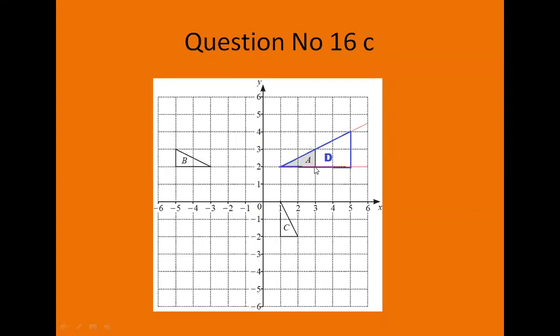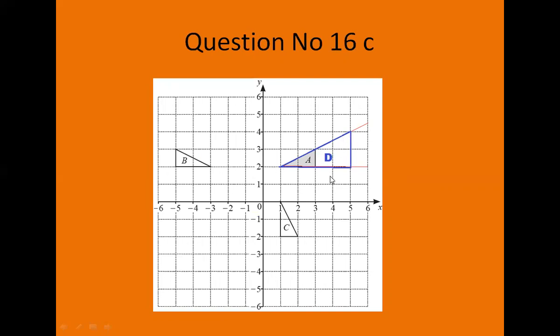I join this vertex of the triangle A with the center of enlargement. I prolong it, and then I check what is the distance between this point and center of enlargement. I multiply it with the 2 and start measuring it with the center of enlargement. And from here, I double that distance here. This is that point. So I join them. So this is the triangle D. This big triangle is the triangle D.